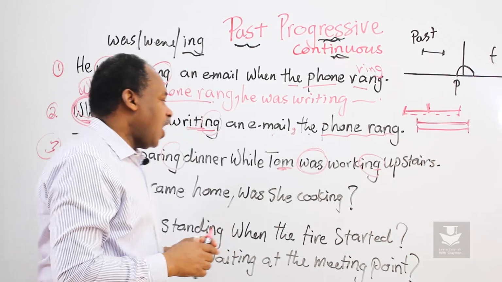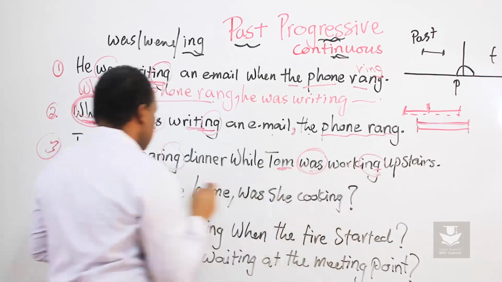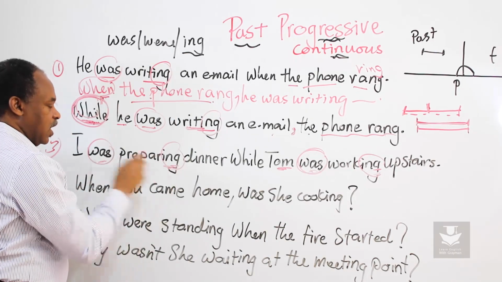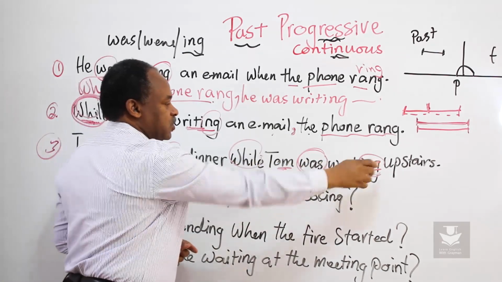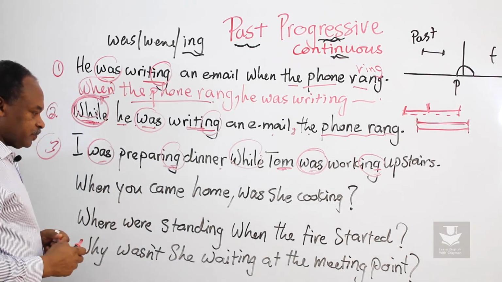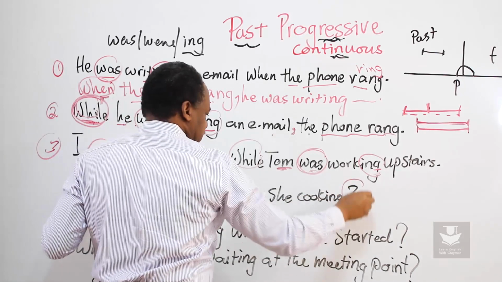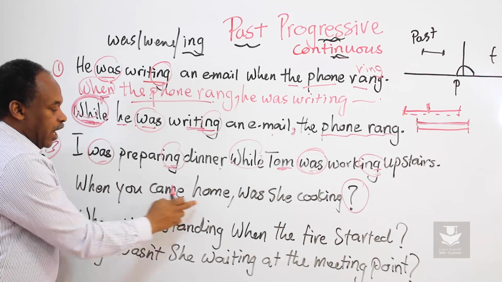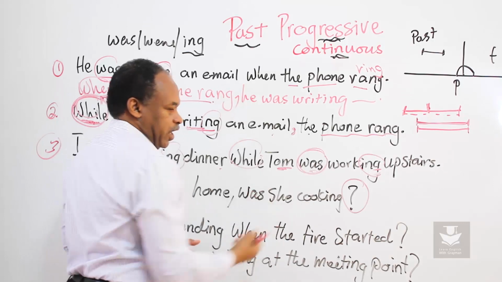Both of them are past continuous. I was preparing dinner while Tom was working upstairs. Okay? Let's look at this one here. Notice this is a question. When you came home, was she cooking?